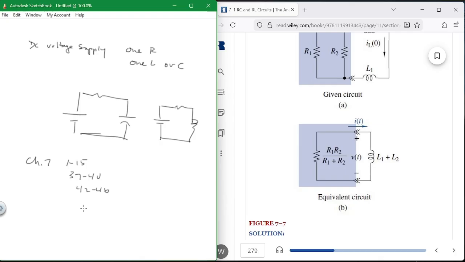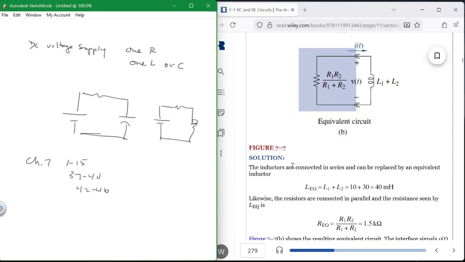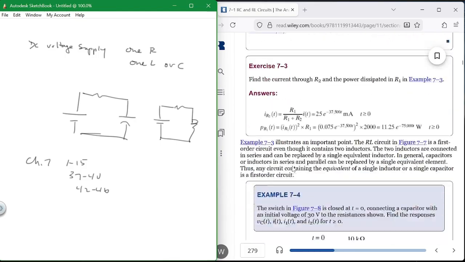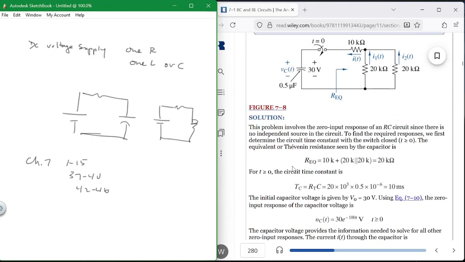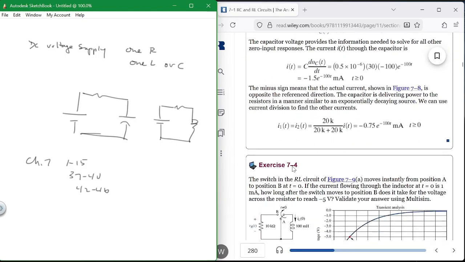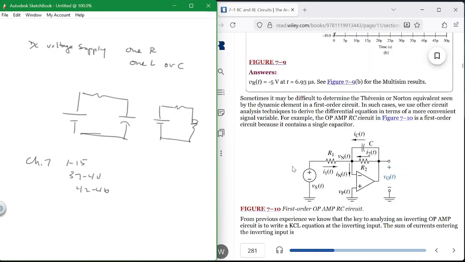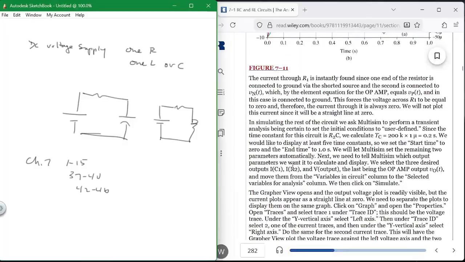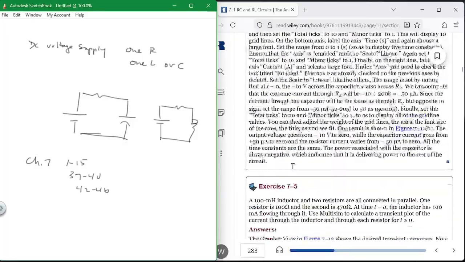Try them, work on them, especially the first 15. I'm not going to go through those with you today, but that gets you at least started on these problems. Okay, so I'm going to go down here and just scan them for you right now. So you can work on them if you don't have a book.